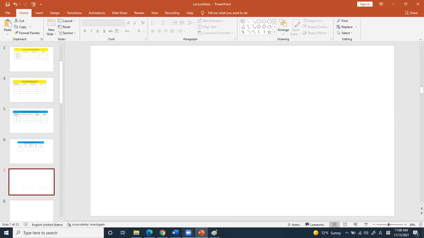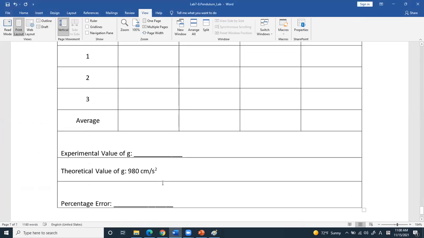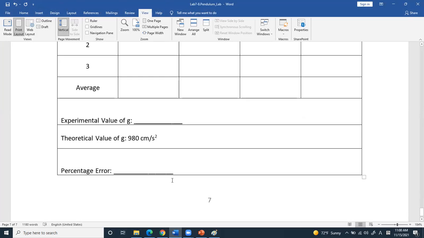The last thing is that we have to calculate the experimental value of g and the theoretical value of g.